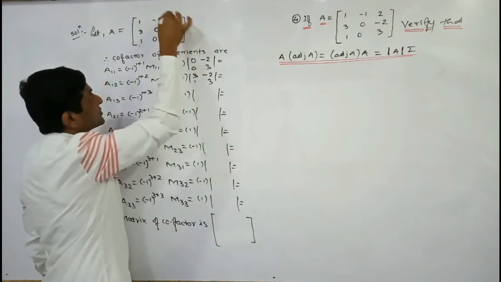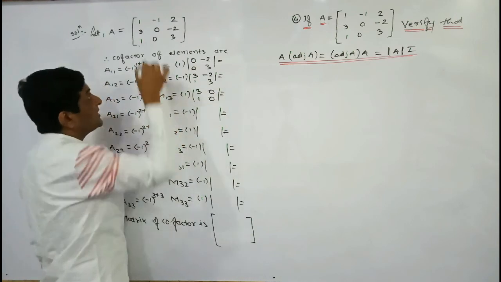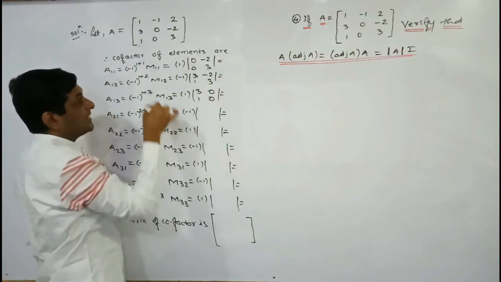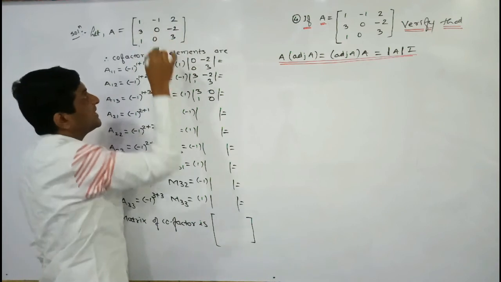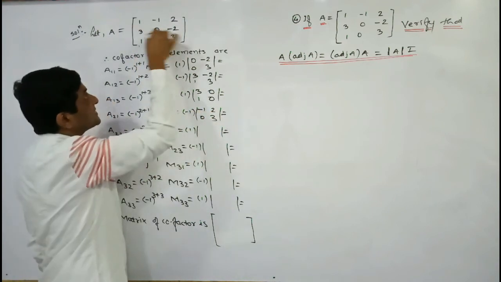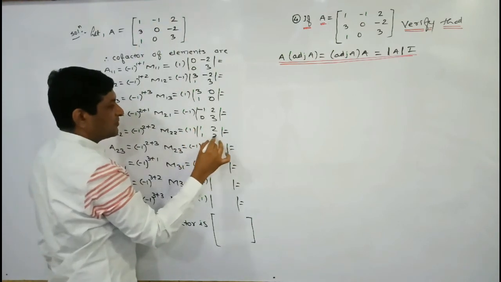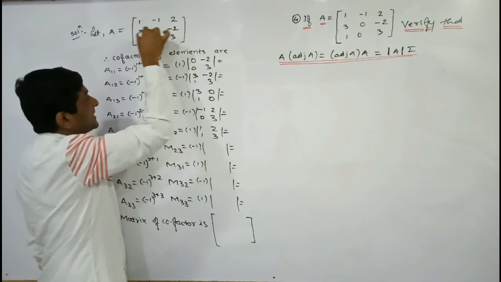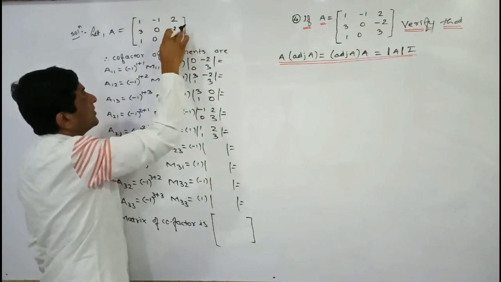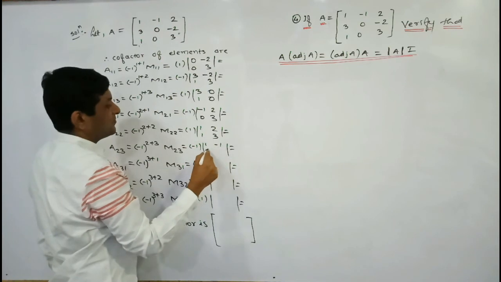Now delete first row, third column, we will get 3, 0, 1, 0. Now delete second row and first column, what we are getting: -1, 2, 0, 3. Now delete second row, second column: 1, 2, 1, 3. Delete second row and third column: 1, -1, 1, 0.